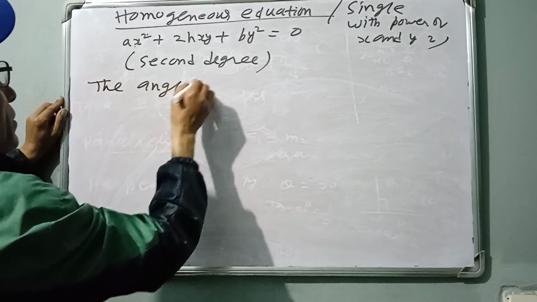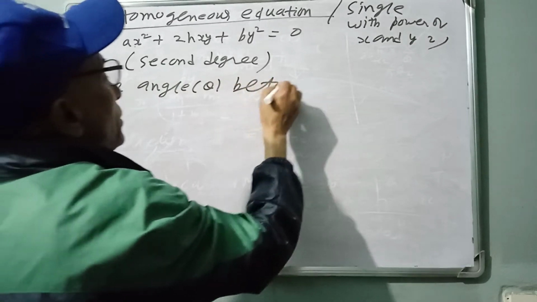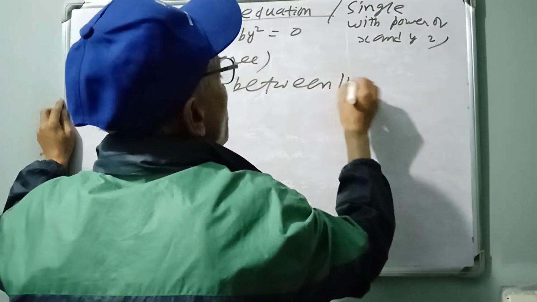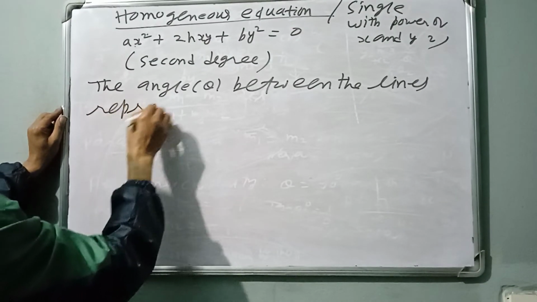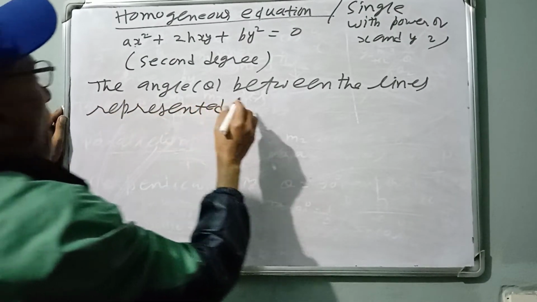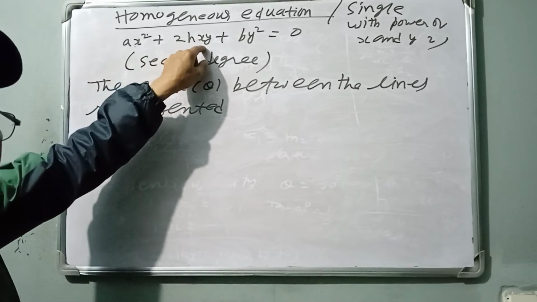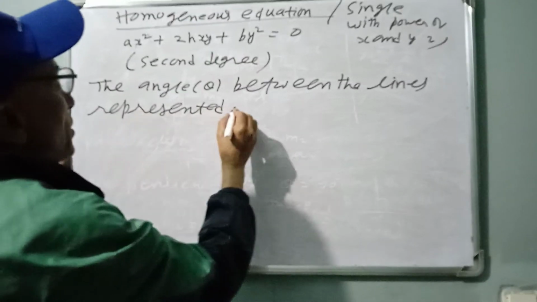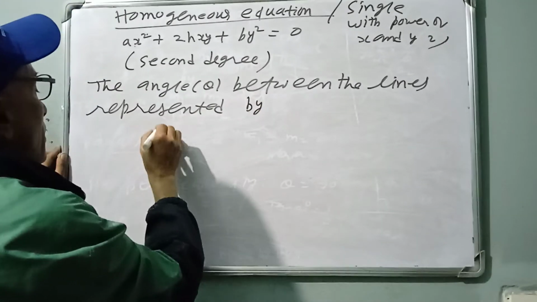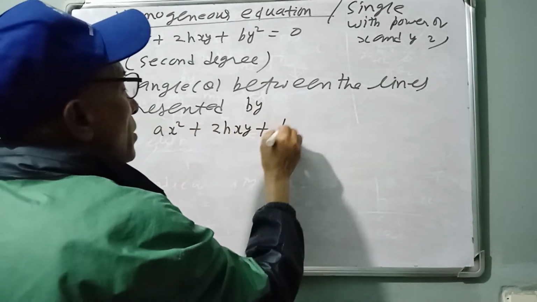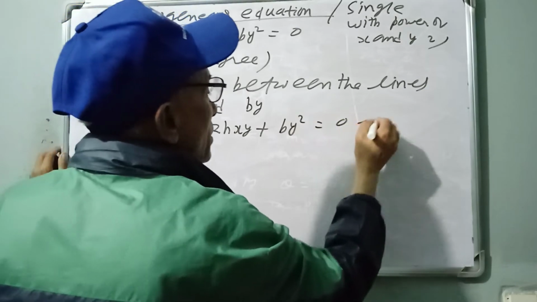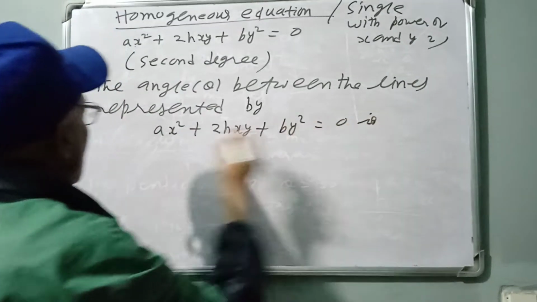The angle theta between the lines represented by ax square plus twice hxy plus by square equals 0, what is the angle between them?